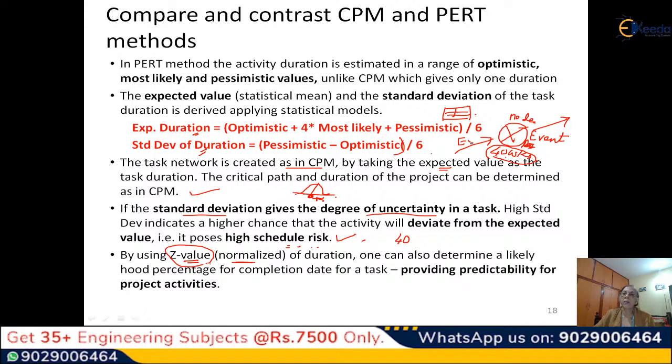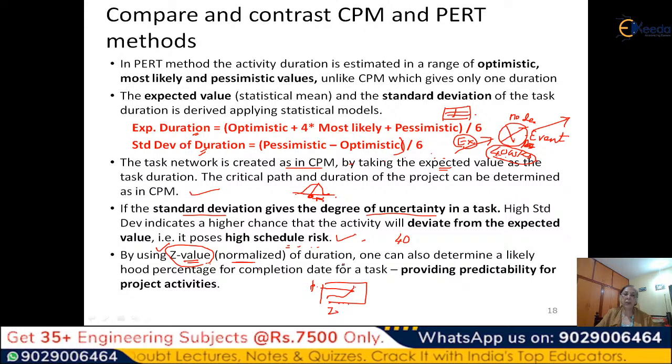By taking the expected value here and the expected values of all the previous nodes, suppose you get that this node you are arriving at 40 weeks, then you convert all these expected values to z values, that means zero mean normalized values by substitution. There are some standard tables, and in that table some graph is there, so you can look it up and say this is my probability. For a z value you will get a probability.